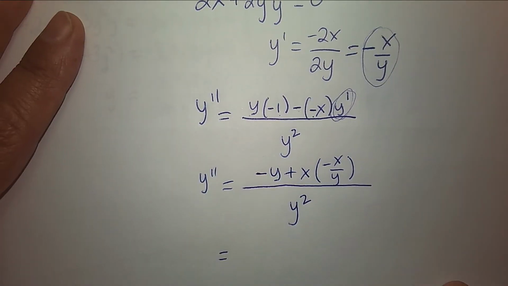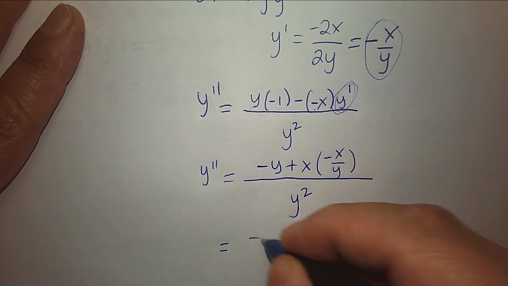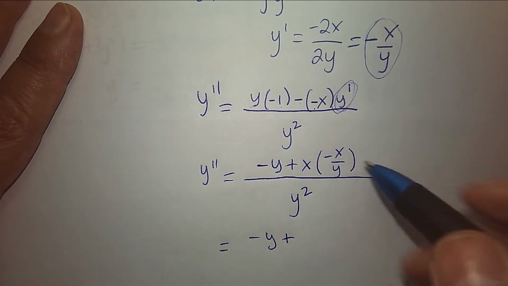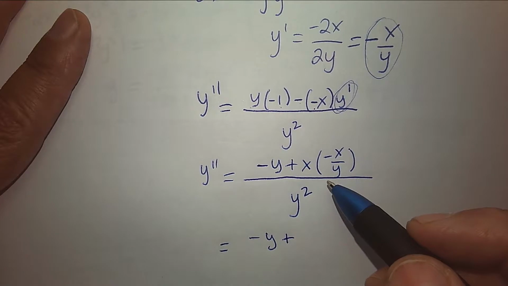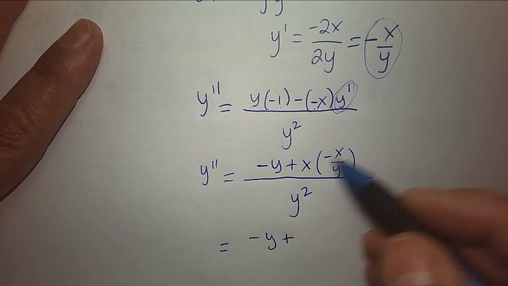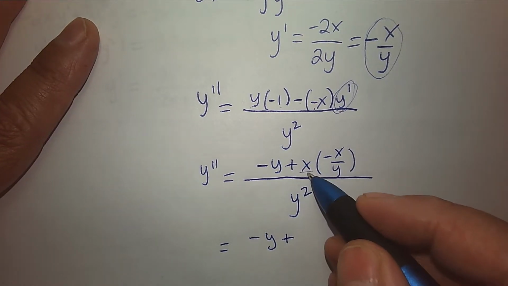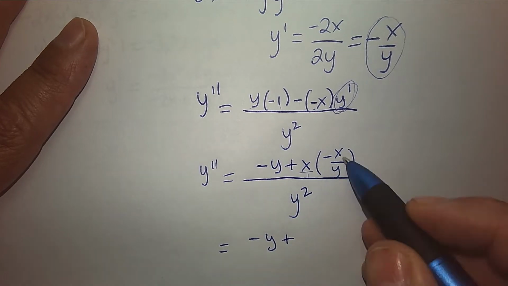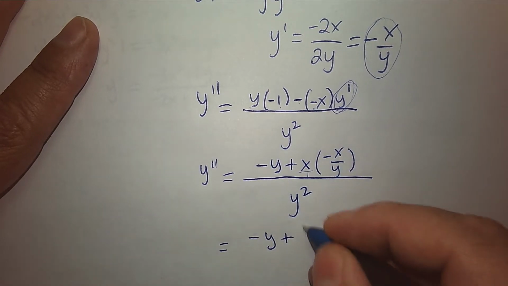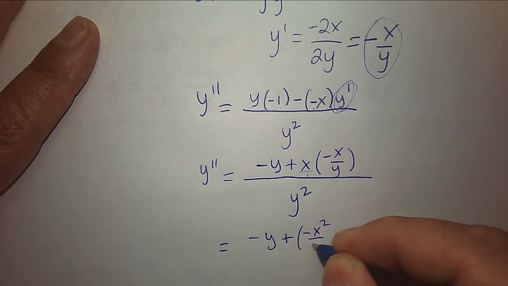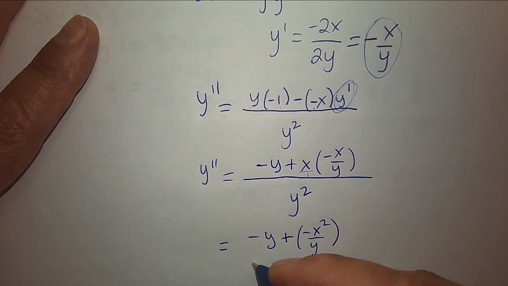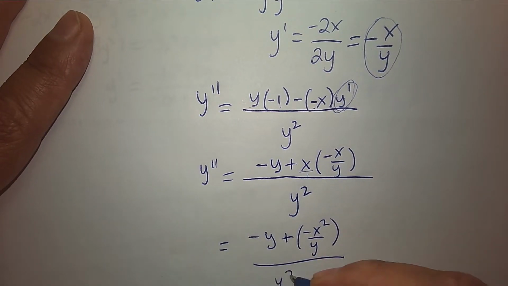Do you want it to be it? No way. So if I multiply this together, pretend there's a 1 underneath the x, and multiply the tops and bottoms. So that's negative x squared over y, all over y squared.